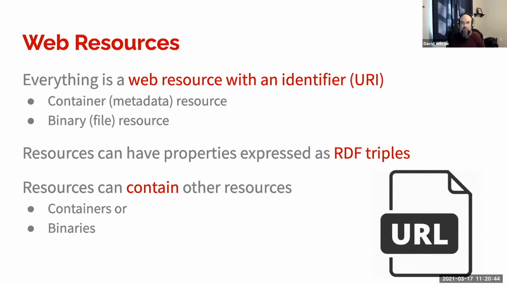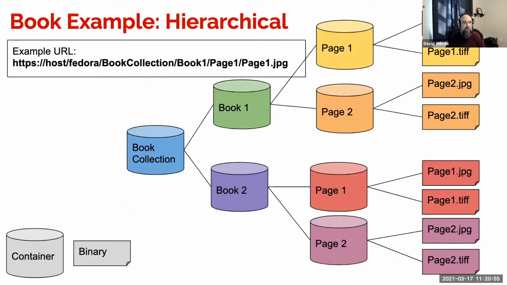And you can build out a hierarchy. So resources can contain other resources, or they can contain binaries. So you can build out a structure within the repository. And I do have an example of that right here. So this is a typical example of a collection of books that you might have in a repository.